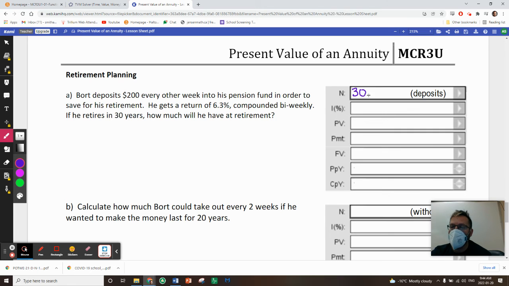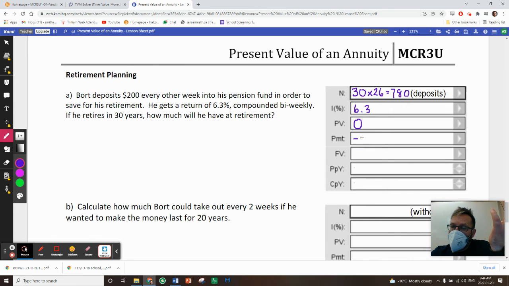Every other week, about 52 weeks in a year, so 26 times per year. So over the course of Bort's working career, 780 deposits of $200, investing at 6.3.